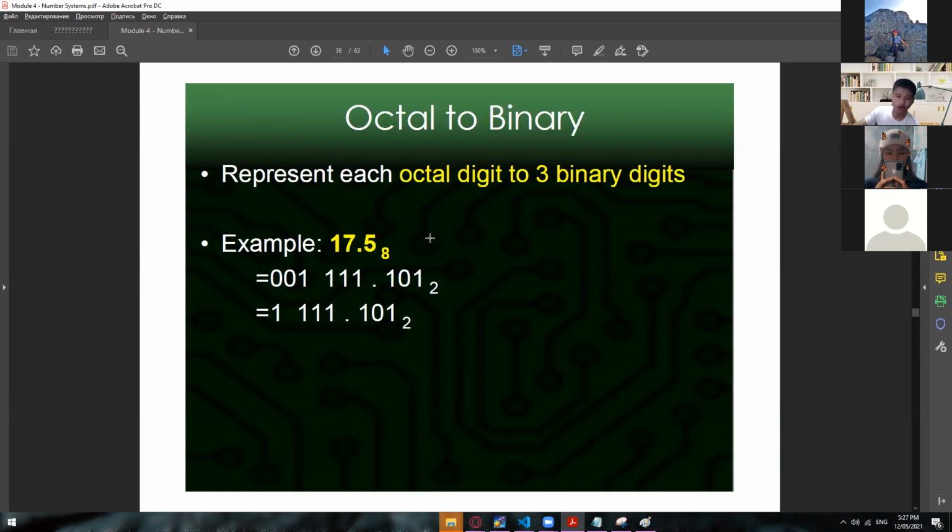We also have octal to binary, wherein of course it will give you octal numbers, and then you need to convert that one into binary. The same process, however, in octal, it's only 3 binary digits. Why?